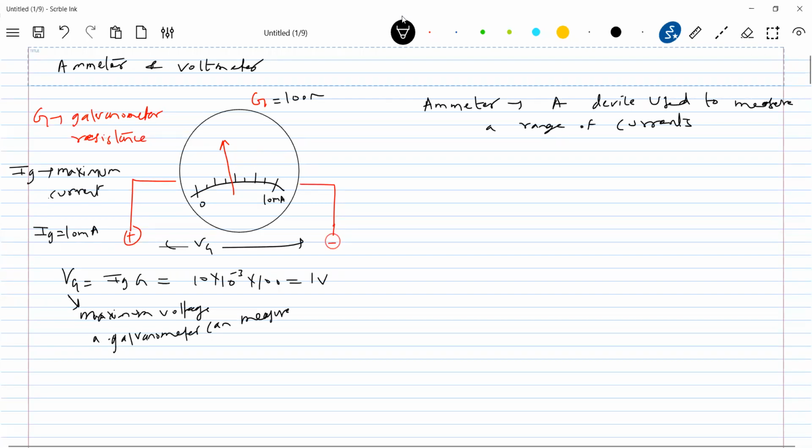But again, if you send current to the galvanometer more than 10 milliampere, what happens? The galvanometer will get damaged. So I'll put here: if current through galvanometer is greater than IG, the galvanometer is damaged.